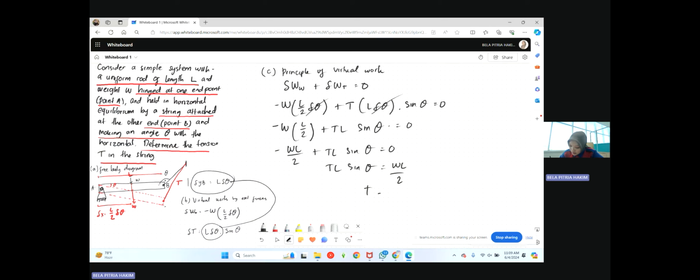So T equals W L per 2 divided by L sin θ, which gives T equals W per 2 sin θ. This is the result of the principle of virtual work for this study case. See you in the other cases. Thank you.